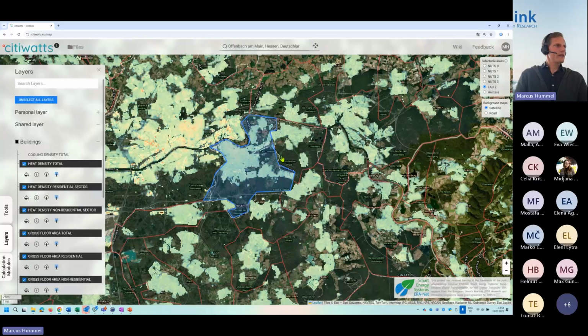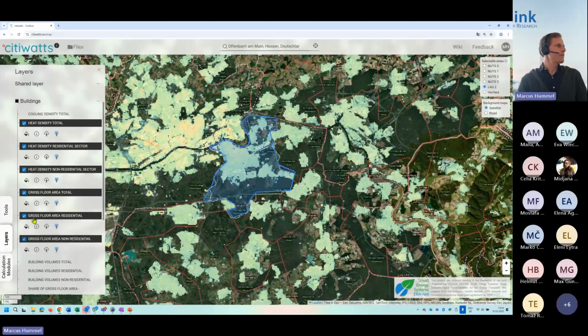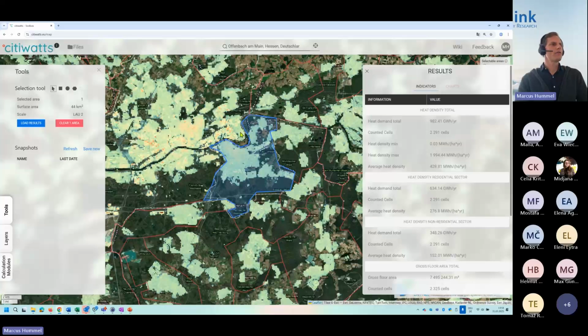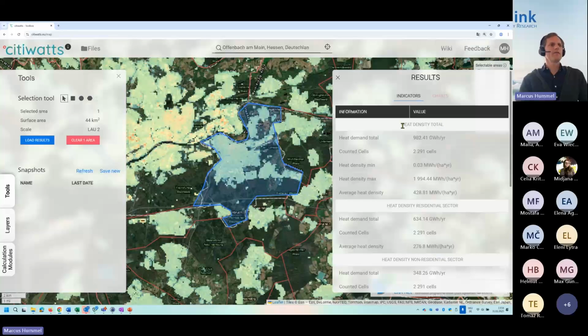Now we've selected them. We see them on the map. They are all overlaying. Now go back to the tools section, and now we can load the results for those layers that we have selected. And you see that now here on the right side in the results section. And for each layer that you have selected, you see the indicators here.